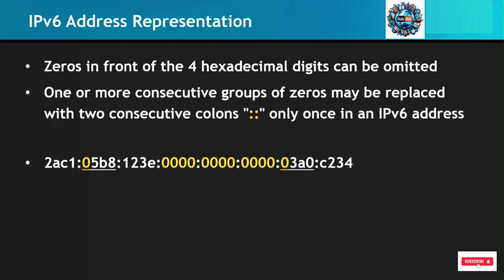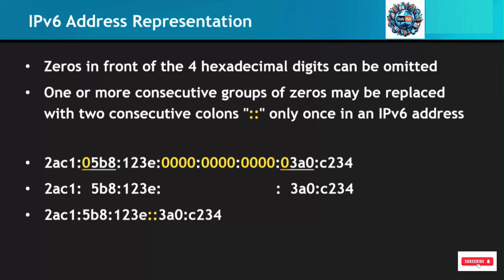In addition, the zeros in the middle, the 4th, 5th, and 6th groups, which are all zeros, can be represented by 2 consecutive colons. So therefore, it would look like this, where the 0 in front of the 5B8 is removed, the 0 in front of the 3A0 is removed, and also the groups 4, 5, and 6, which are all 0, are changed into this type of format.